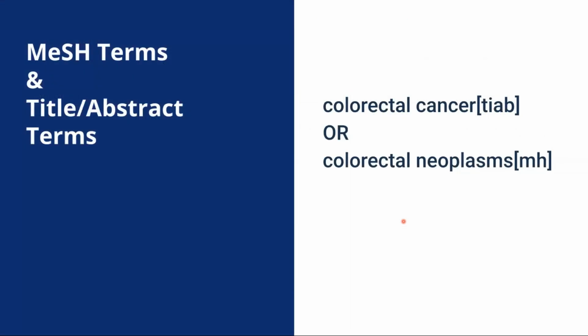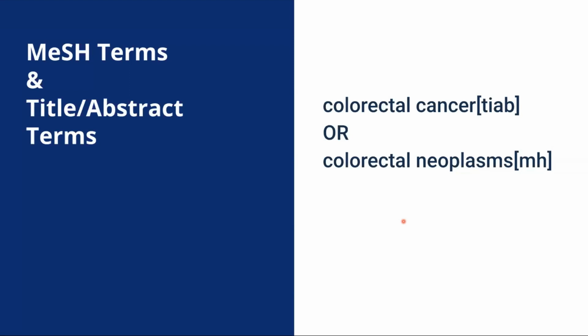When it comes to thorough searching, it's best practice across databases to perform a search using both thesaurus terms, like MESH terms, as well as title and abstract terms. The field code for a title and abstract search in PubMed is the letters TIAB enclosed in square brackets.